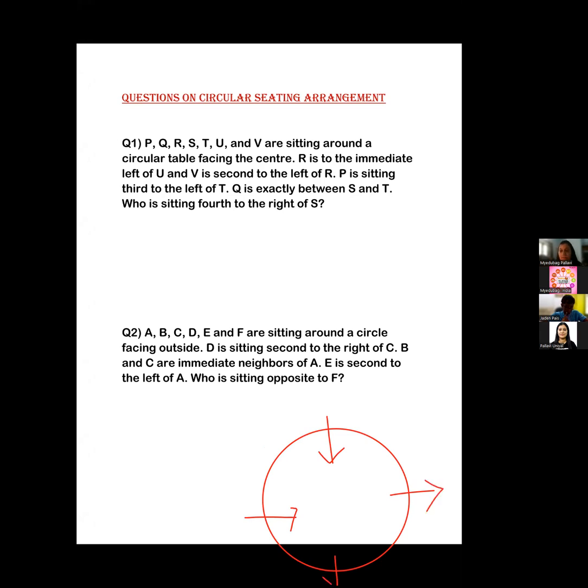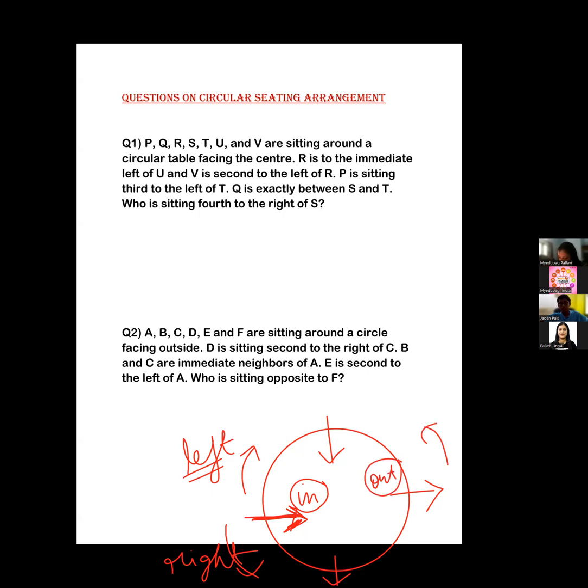If they are facing inside the center, their right will be this side and the left will be this side. If they are facing outside like this, left will be this side and right will be this side.